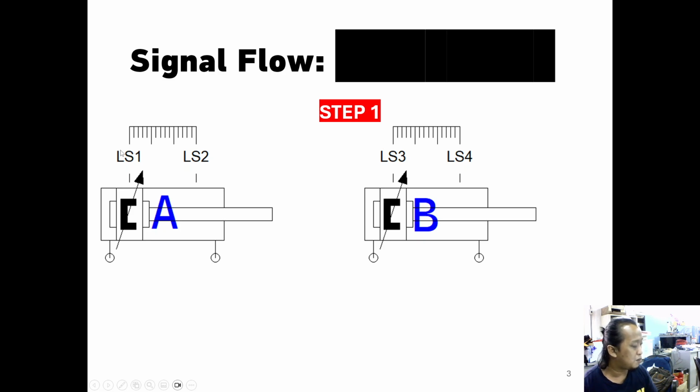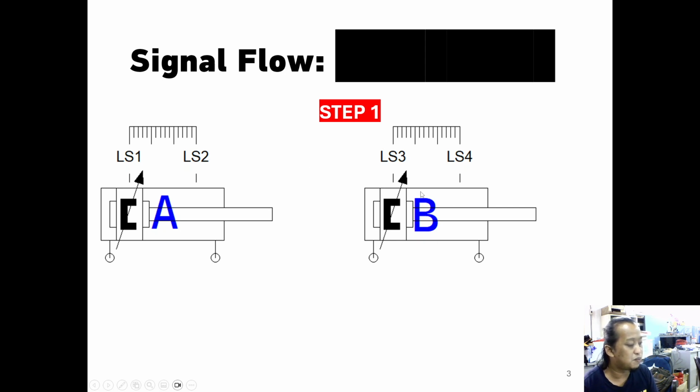It can be either a reed switch or mechanically operated, like a limit switch like this one, or a reed switch sensor. This is for the minimum position, limit switch 1. For the maximum position, we can use limit switch 2.